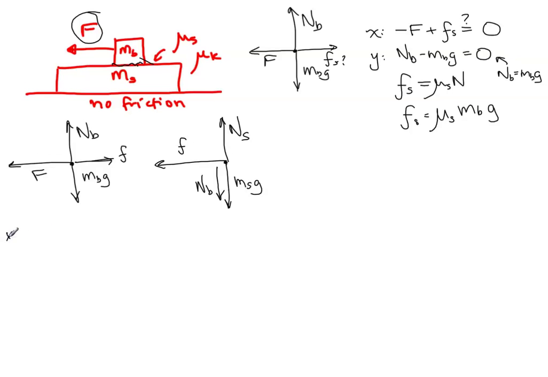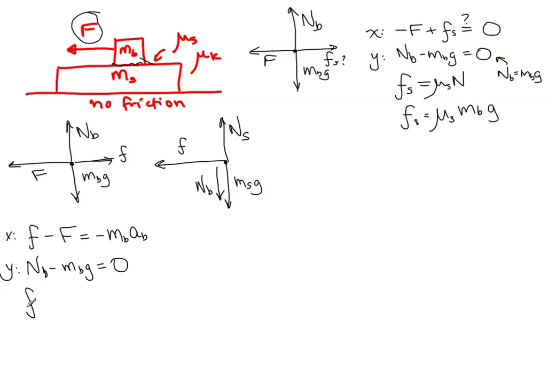In the x direction for the block, friction minus the pushing force is going to be equal to what's happening. And we know the block is accelerating to the left. I'm going to go minus, because it's to the left, mass of the block times acceleration of the block. In the y direction, this is the same as before, normal force of the block minus mass of the block times gravity is equal to 0.